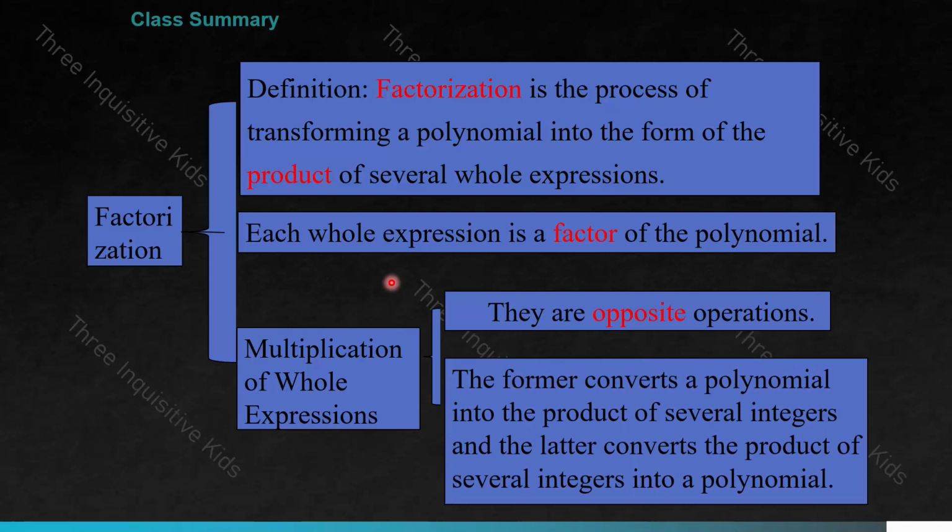They are opposite operations, and factorization converts a polynomial into the form of several expressions being multiplied together, while multiplication of whole expressions converts the product of several whole expressions into a polynomial. So again, they are reverse operations.